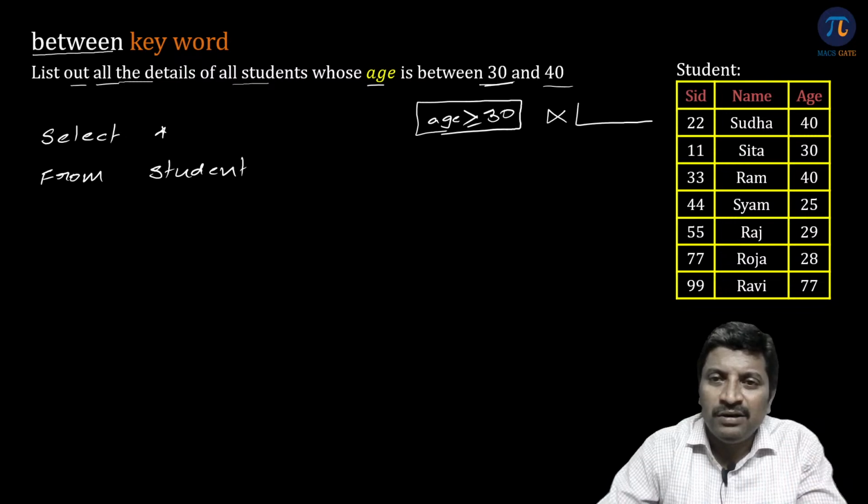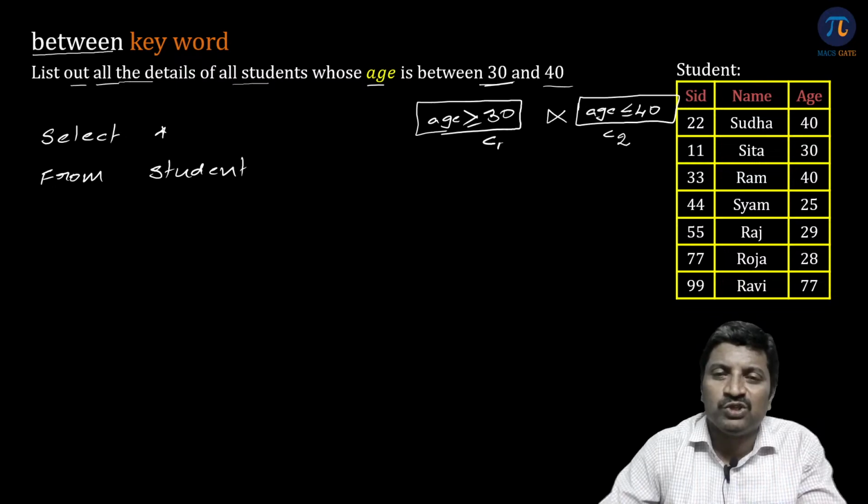And it must be less than or equal to 40, because I need only the students whose age is in between these two. So this is my condition 1, this is my condition 2.